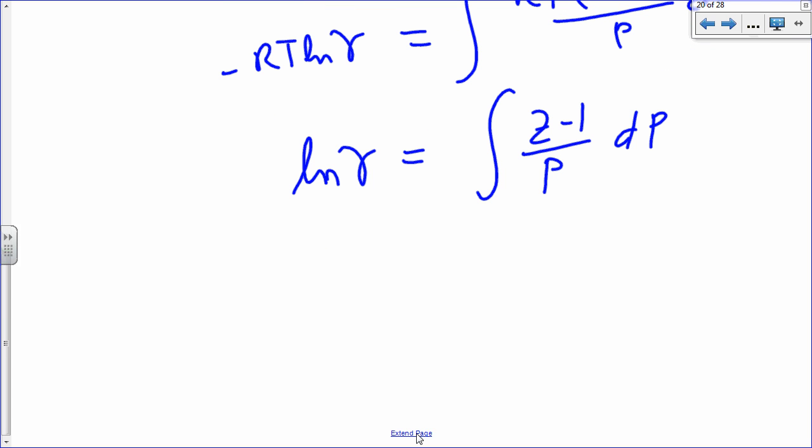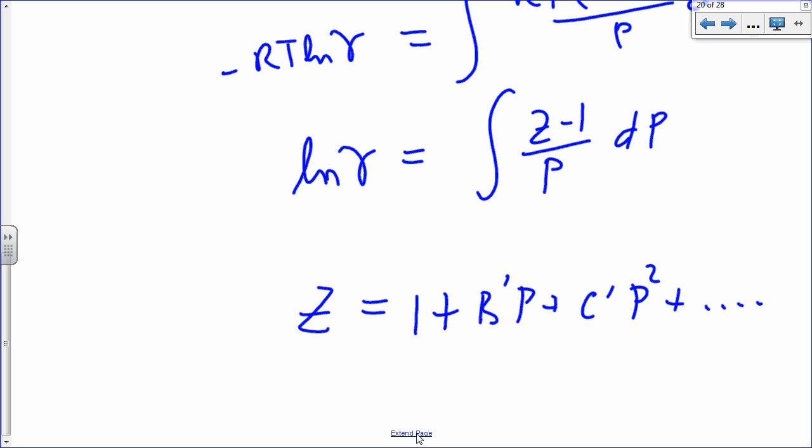Well, if you remember from the virial equation, Z equals 1 plus B prime P plus C prime P squared, and so on and so forth, at a given isotherm. If we assume that our pressure is low enough so we can ignore these higher order terms, we can say Z is approximately 1 plus B prime P. Then what is Z minus 1?